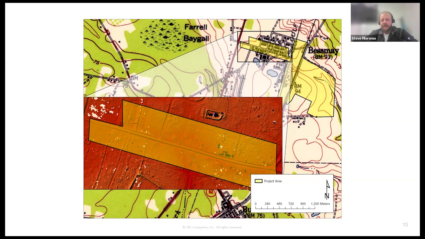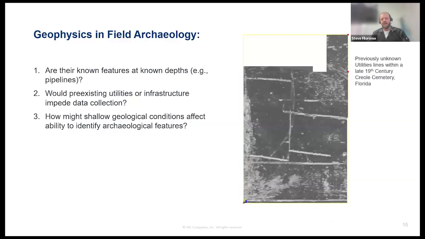Some of the other things, and we'll talk about some of the geophysical concerns since some of these considerations do apply, are whether or not there are known features at known depths, and less so when you're dealing with LiDAR, more so at the surface. Are there known superficial features that are significant? Because you don't want to misinterpret your site.